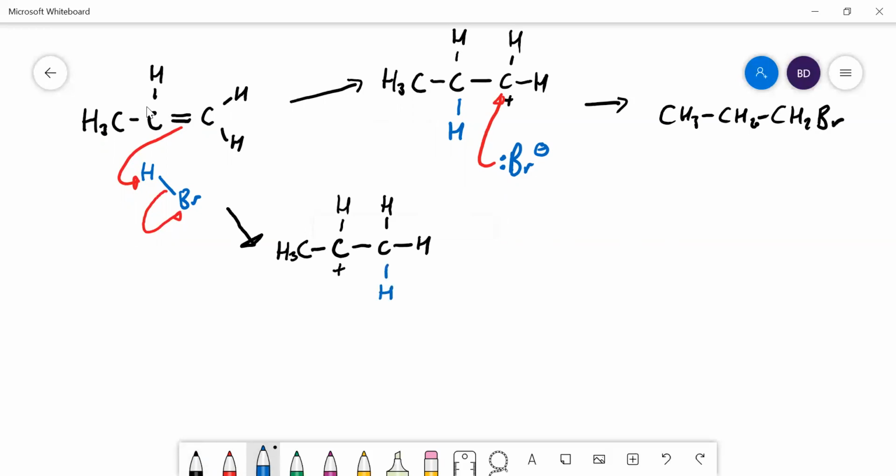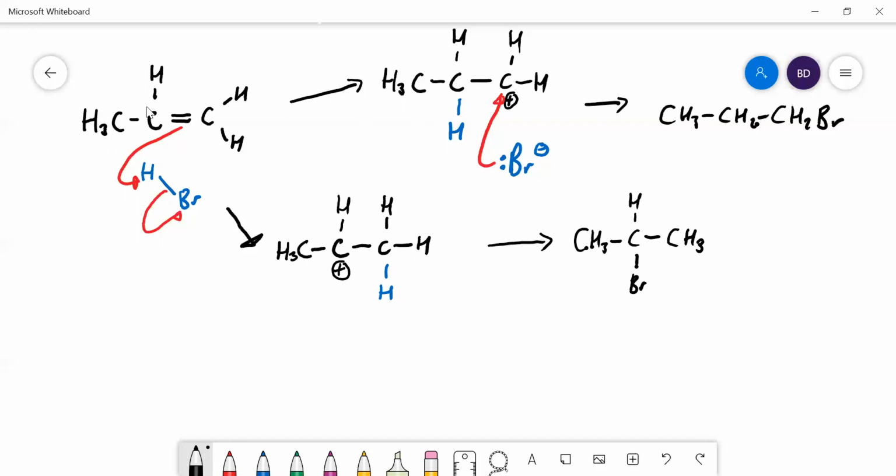And we are going to form 2-bromopropane as the product. Okay, so put a circle around these carbocations, the positive things there.